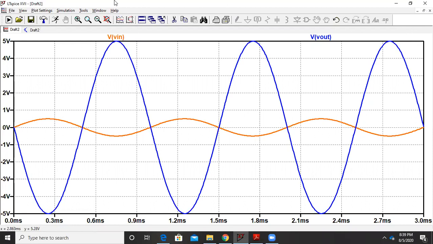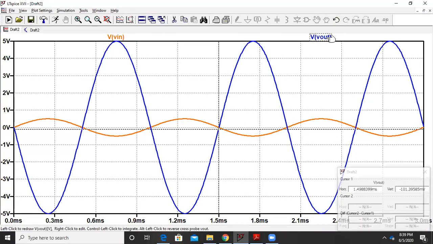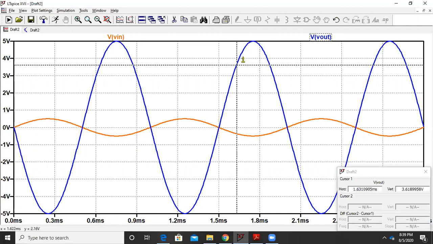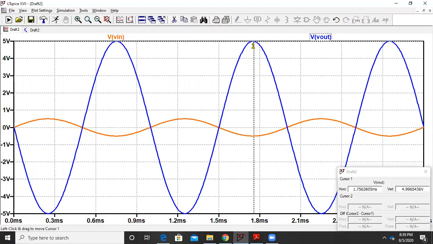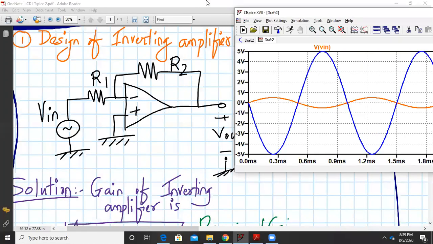So let us check the amplitude. Input peak to peak is 1 volt, and the output peak to peak, as you can see, is almost 10. It's exactly 10 volts. If I place a point cursor over here and bring it at the top, it's 4.9965, so close to 5. So this is the same thing.